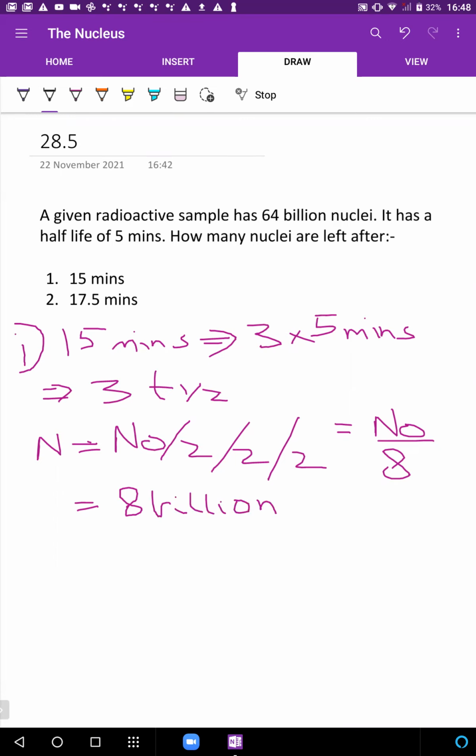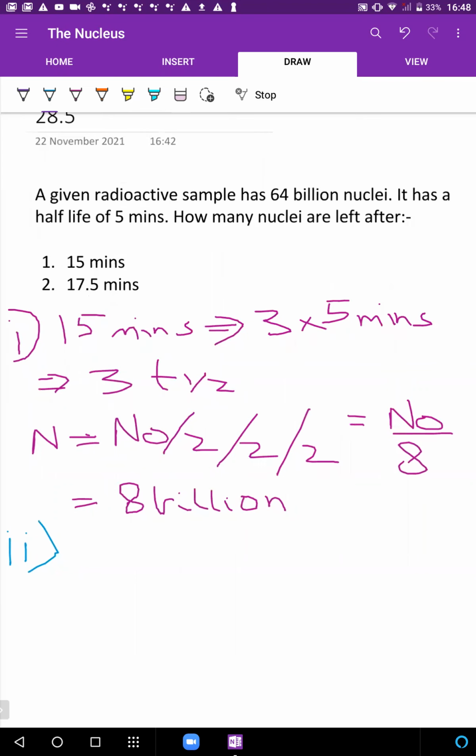The second one, you can't really work just with the definition. The second one, you'll have to use the formula. So the second one says 17.5 minutes. In fact, t by t half over here.